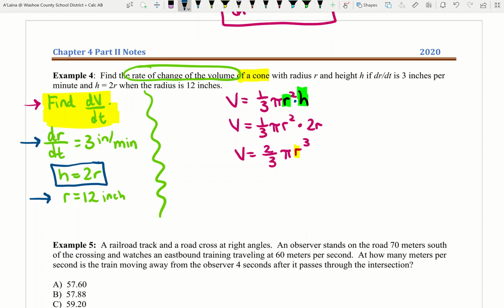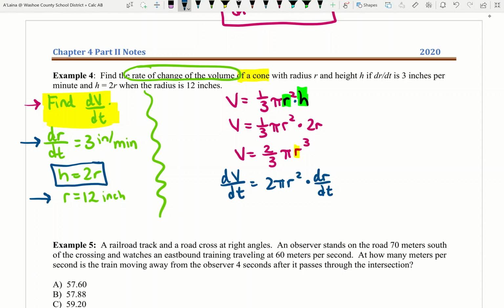All right, now I'm going to take the derivative implicitly with respect to time. You might notice I stopped writing the 1 times because it's easy to predict that that's happening. I'll use the power rule here, and I'll get 2 pi r squared times the derivative of r with respect to time. Okay, let's stop. Let's geek out here just for a moment.